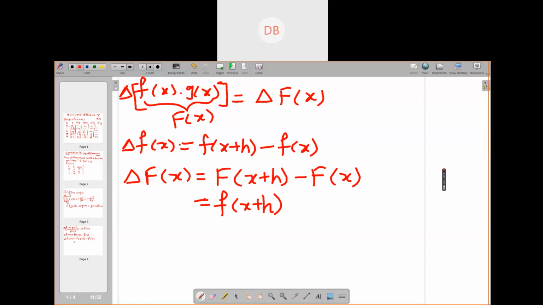So in place of x, you will write x+h: f(x+h) into g(x+h) minus f(x) into g(x), right? Are you getting this definition? Just replace the variable x by x+h, and you have to replace that in small f and small g, both. Okay, and this is your F(x) that is given to you.